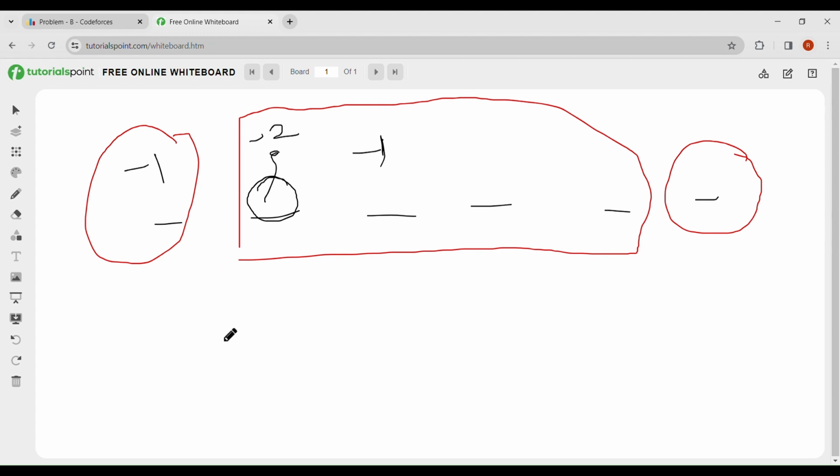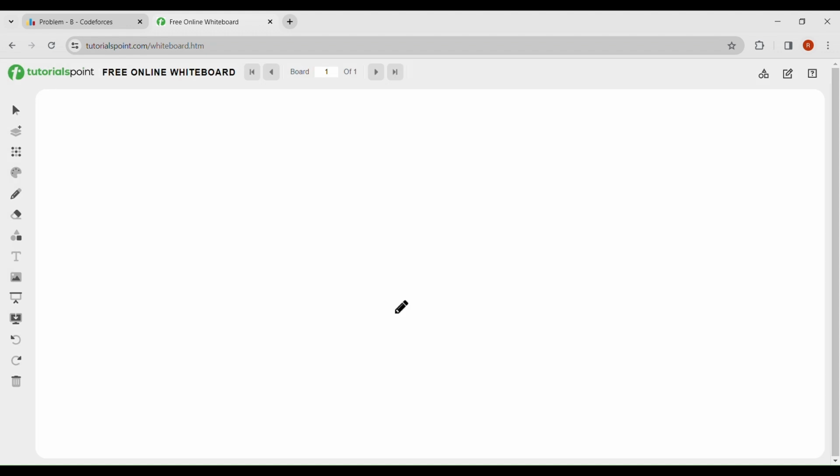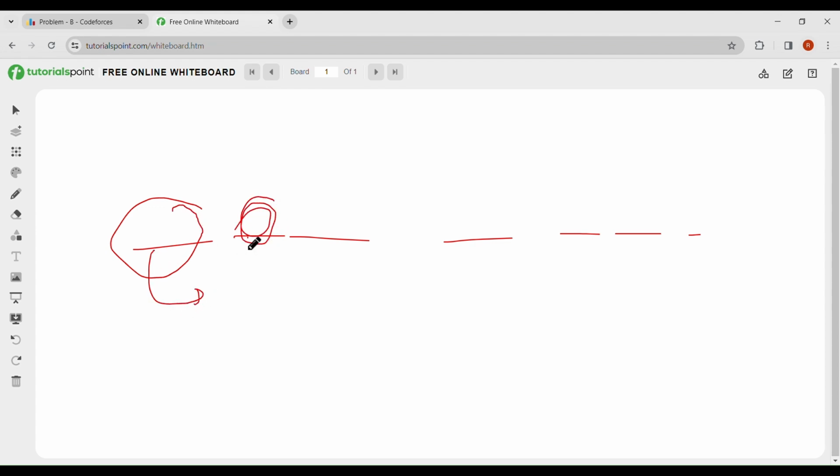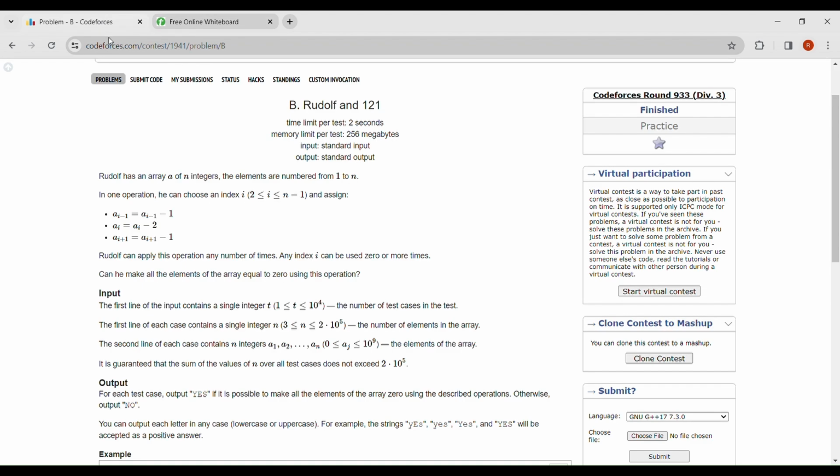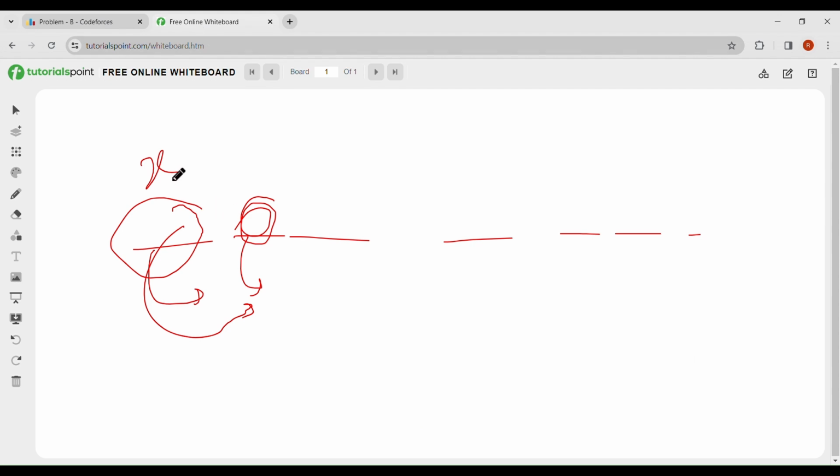So this was the first observation, and the second observation is that to make this thing 0, you need to subtract 2 times of this thing. Suppose here is x, and every number we need to make 0. They mentioned whether all the elements can be made equal to 0 using this operation. Suppose here is x and here is y.